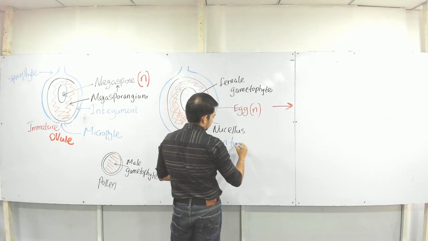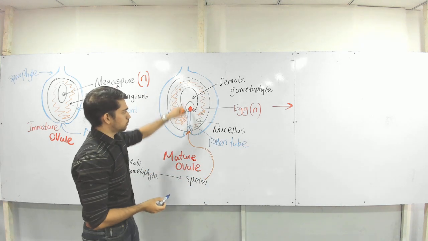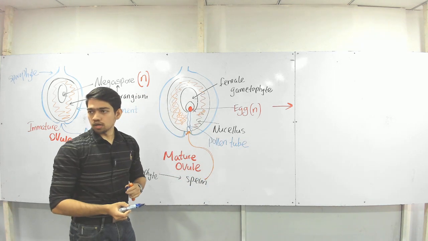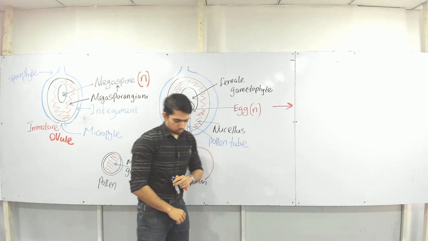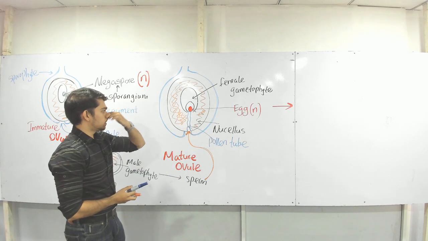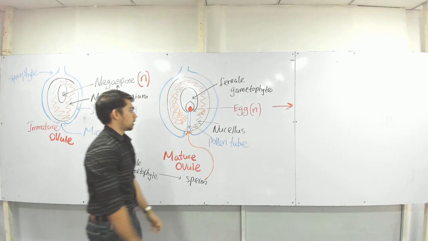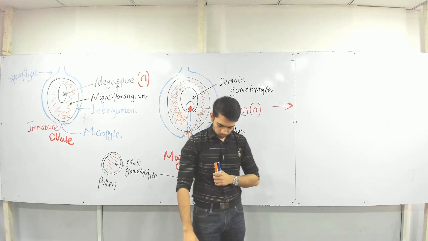The pollen tube is like a lift for the sperm that takes it to the egg. So the sperm is going to go into the egg and fertilization is going to happen nicely. Highlight the words pollen tube.